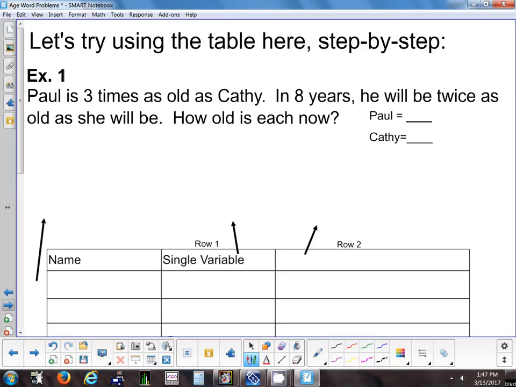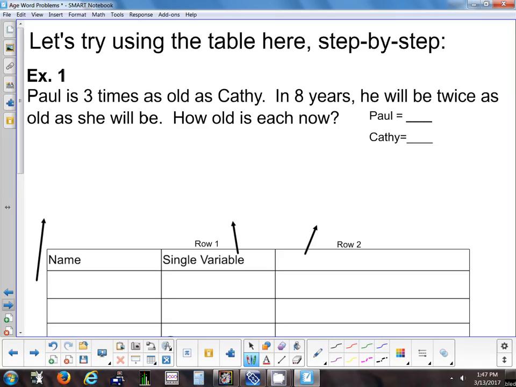On your guided notes, you see this example, and some arrows pointing all over the place. We're going to fill in little notes, or little hints, as to what you're putting in what box. I look at this arrow right here near name. What do you think I'm going to put there? Yeah, the name.